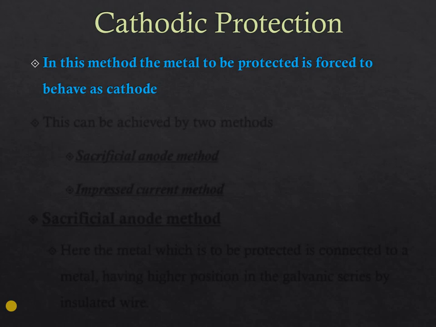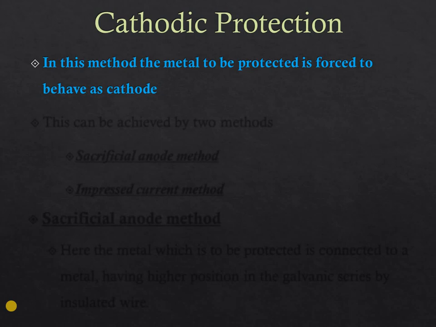Now, if you see the corrosion process, the corrosion occurs at the anodic metal or metallic part, while the cathodic part of the metal will not be affected by corrosion.